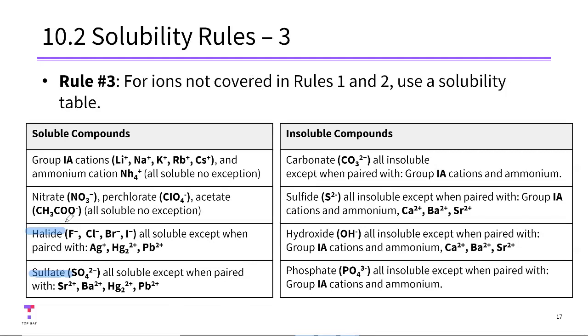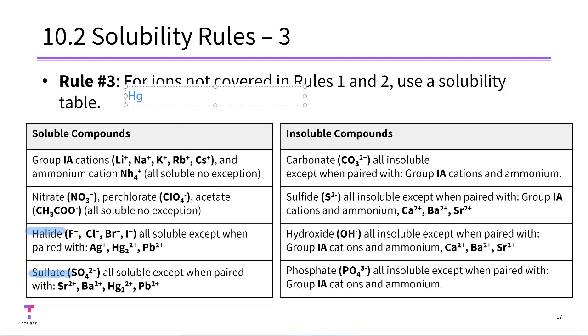So the exceptions here for the halides are the silver ion, the mercury 1 ion, and the lead 2 ion. I've seen two different acronyms used for this. One of them is happy.